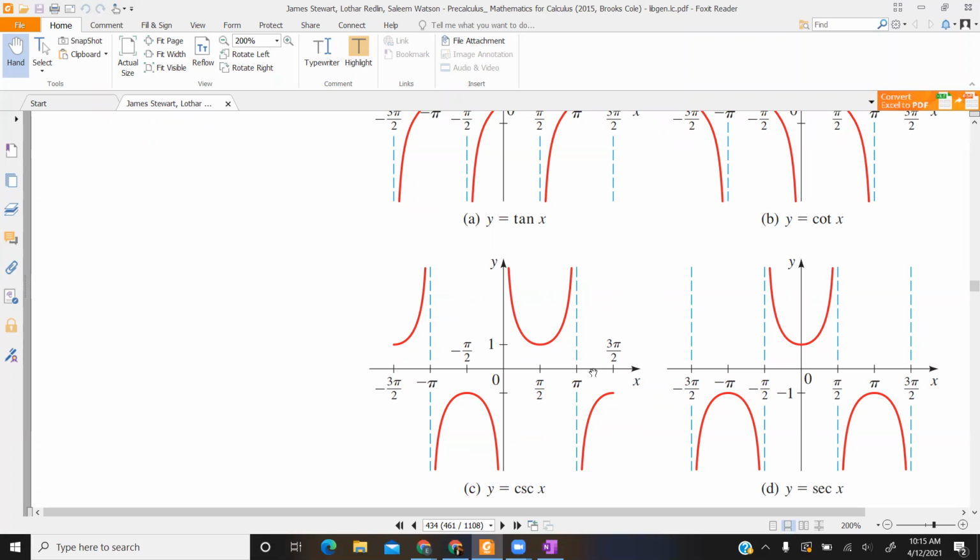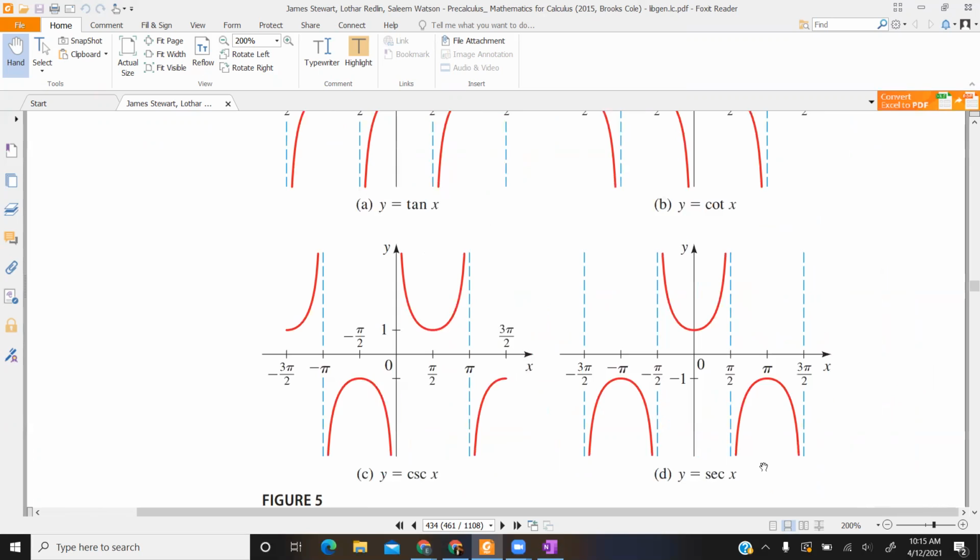But if you take values of x to the right of pi, your cosecant, remember that's 1 over the y-coordinate, and the y-coordinate is going to be negative. So it's going to approach negative infinity. It's going to be a very large negative number. So it's going to negative infinity, and that pattern just repeats.